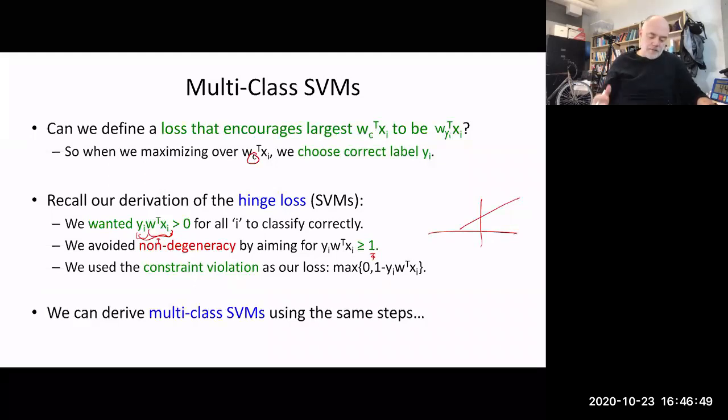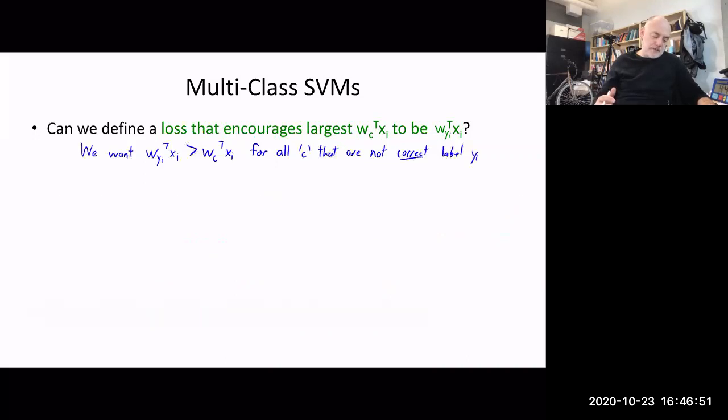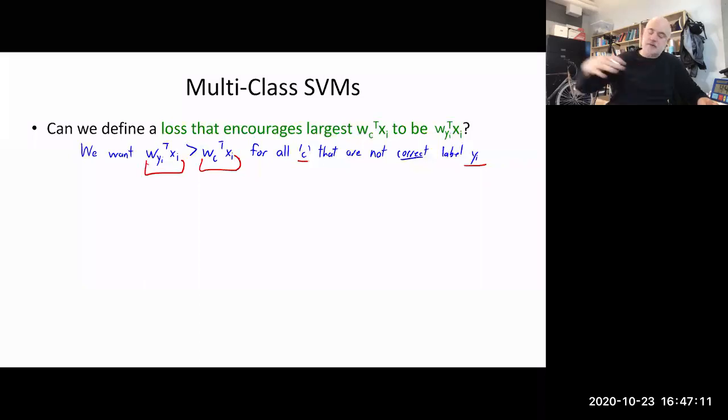We can derive multi-class support vector machines using the same steps. So the idea is that we want this score to be greater than all alternative classes, for all classes that are not the correct class. Okay, so we're not in +1 -1 land here. Remember, we're in k different classes land, right?